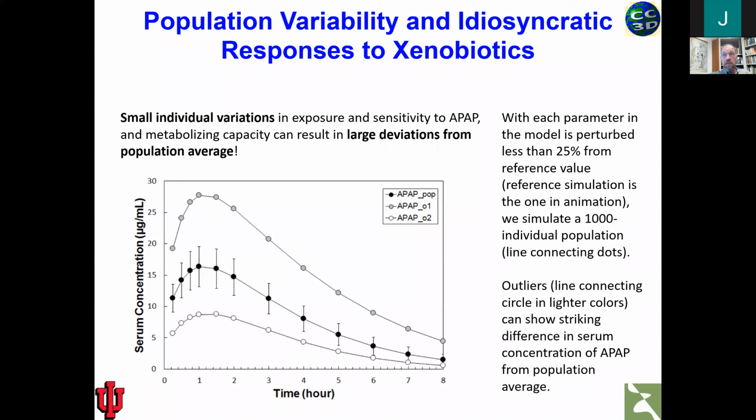The answer is that even fairly small changes in the parameters, if you have the wrong pattern of changes, can lead to big changes in susceptibility. So this suggests that, in fact, that idiosyncratic response that you see clinically really can happen even from a very simple model.